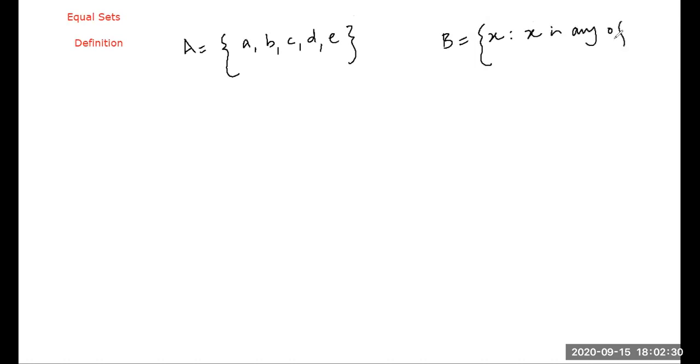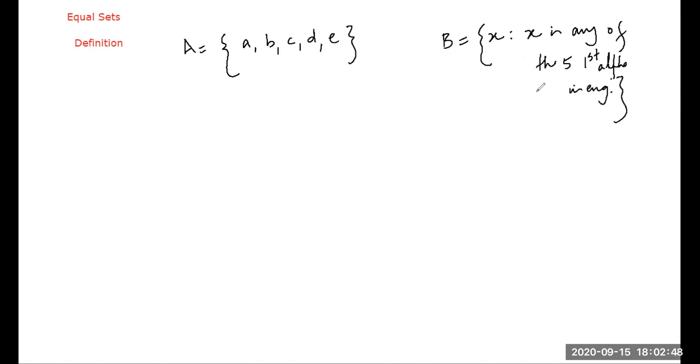Now, let's say I define set A in the roster form as A, B, C, D, E. Like I have set B. I define set B as the set of all x such that x is any of the first five alphabets in English.